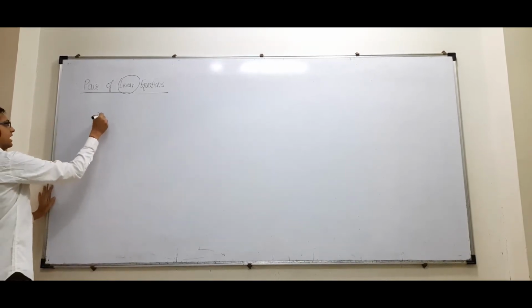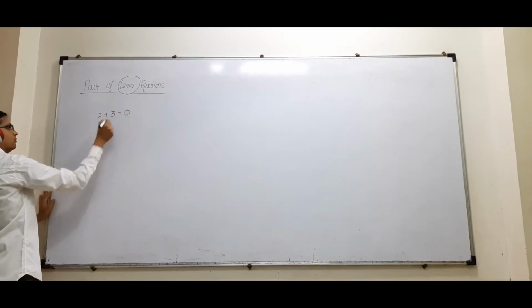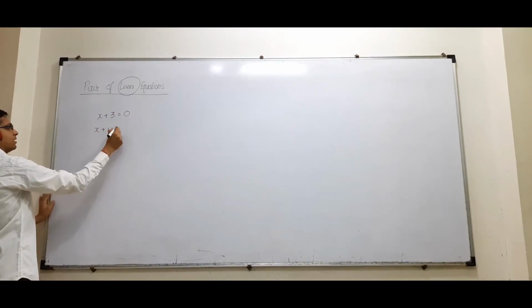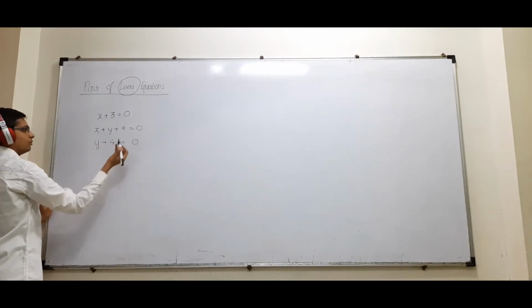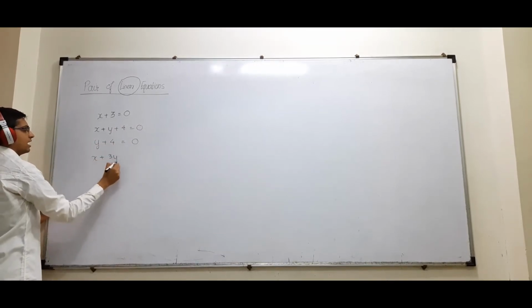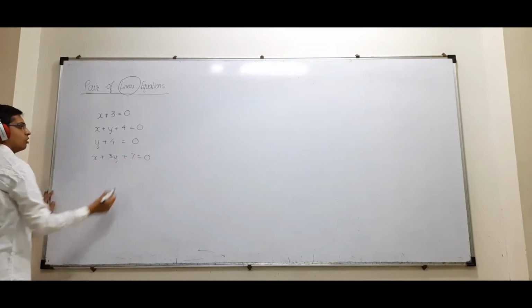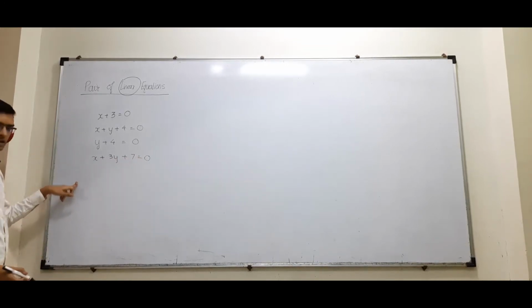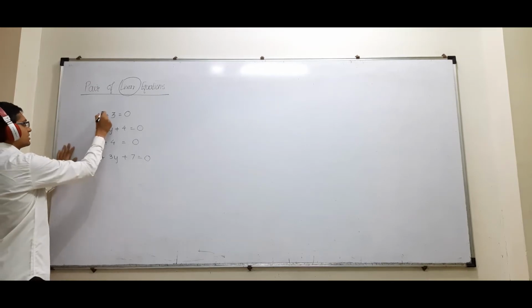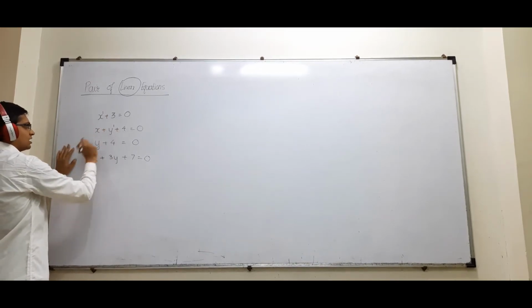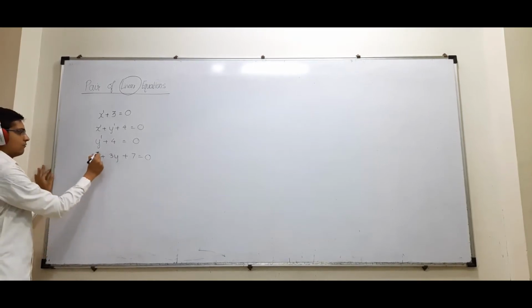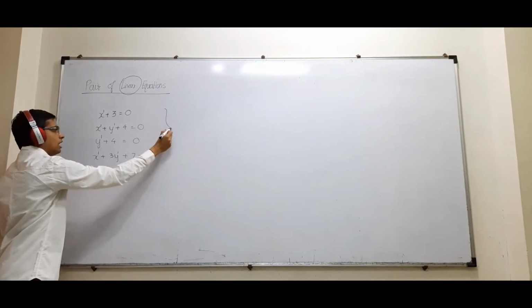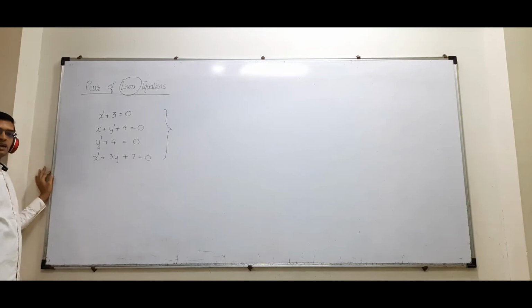I'll take example: x plus 3 equal to 0, x plus y plus 4 equal to 0, y plus 4 equal to 0, x plus 3y plus 7 equal to 0. All these equations, if you see, the highest degree of x is 1, degree of y is 1. So these all are called as linear equation.